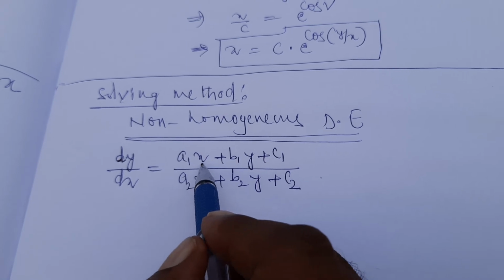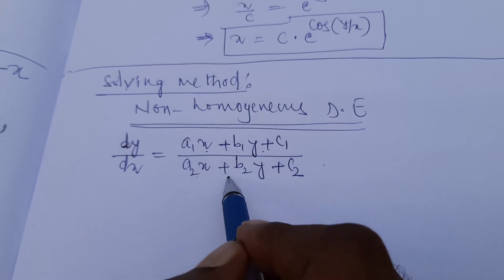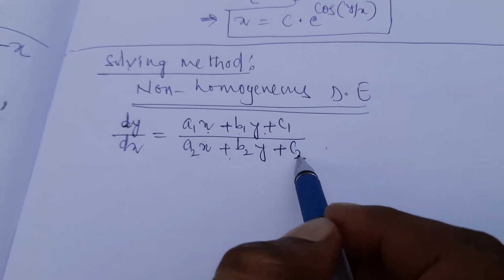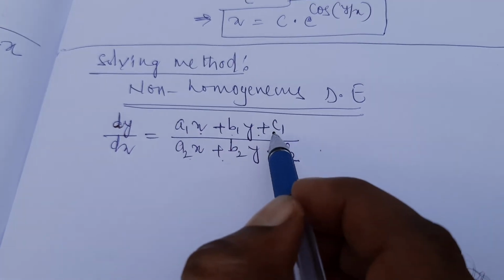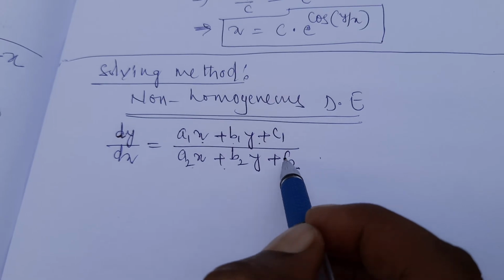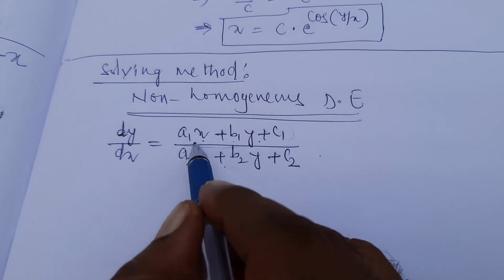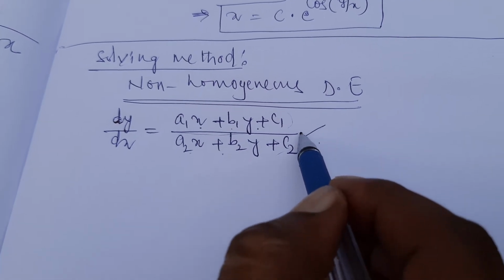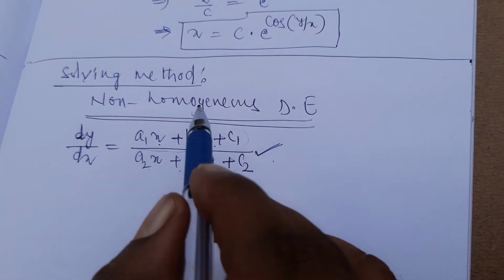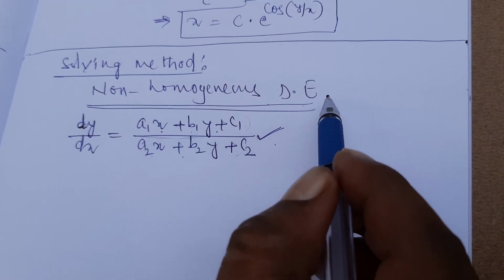Only up to a1x plus b1y by a2x plus b2y, without the constants, this is the homogeneous differential equation. But if the constants c1 and c2 are there, then this is a non-homogeneous function. This form is known as the non-homogeneous differential equation.